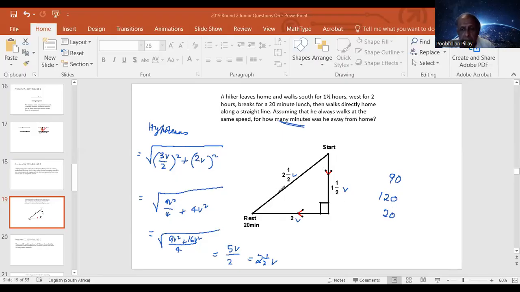And then it took another 2.5 hours, which is 120 plus 30, 150. So the total number of minutes he was away from home is these 4 numbers added together, and that gives you 380 minutes. Okay, so that's the answer to that question.